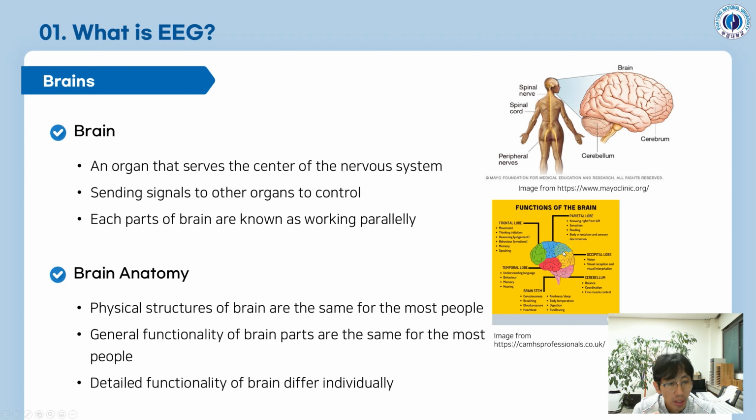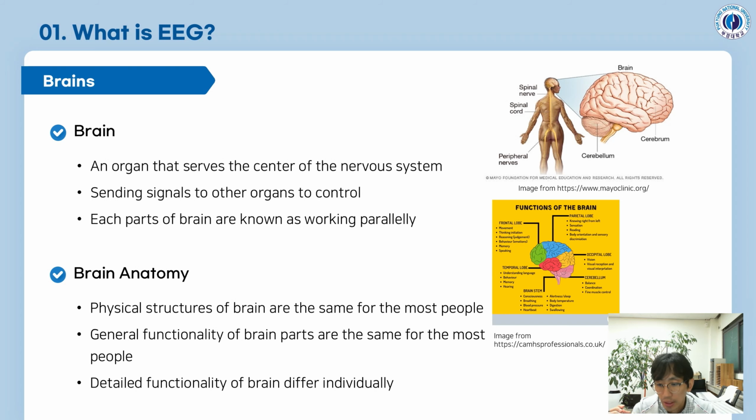And then other parts, like for example the frontal lobe or temporal lobe, are working for processing the vision information. So this is also possible.